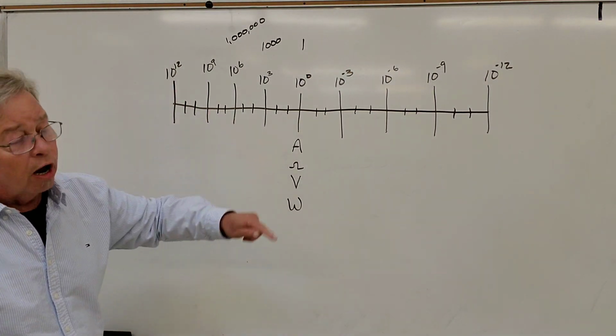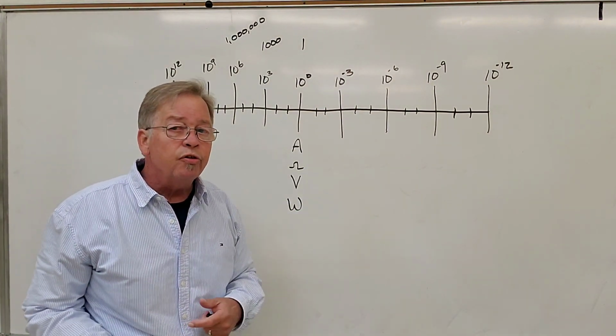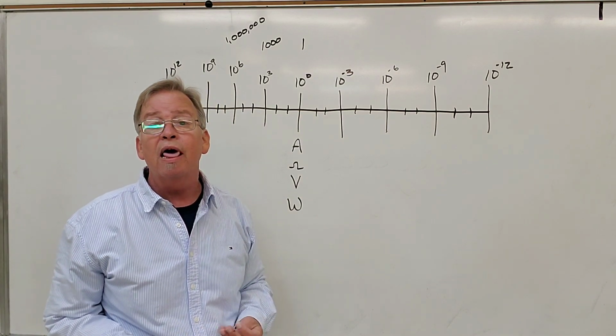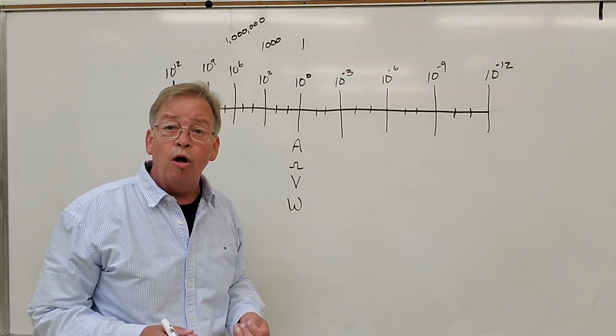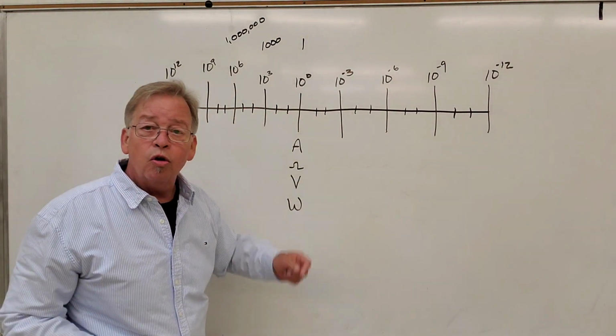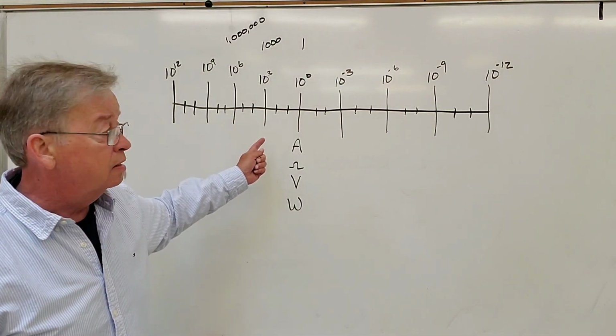And then on the other side, where we have negative exponents, these are not negative values. It just means that the value is less than 1. Greater than 0, but less than 1, a fraction of. Okay, and they actually correspond with their exponents on the positive side.